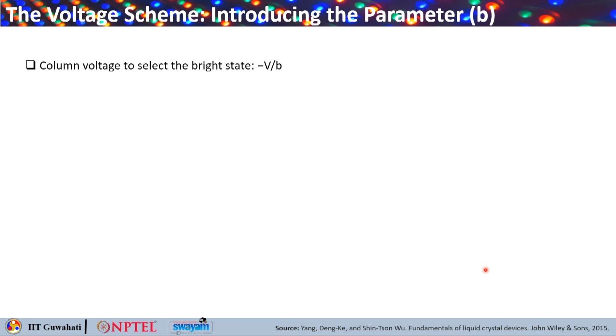So the first thing is that the column voltage required to select the bright state is minus V by b, and the column voltage required to select the black state is plus V by b. These are just two column voltage levels.